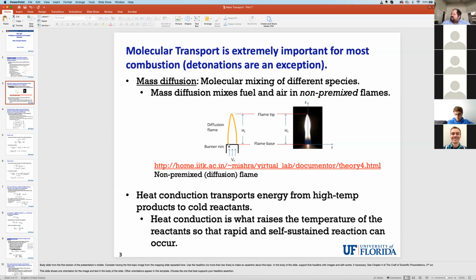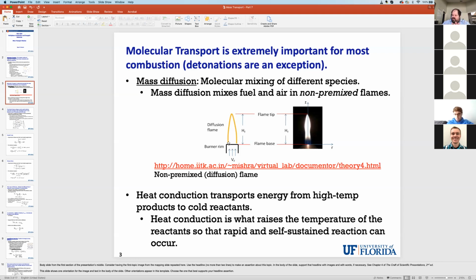But now there's a question: at the fuel inlet, you have all the fuel over here, and all the air over here. So the air and the fuel aren't mixed. How do you have a flame if the fuel and the air are not mixed? Well, basically, at this boundary where the fuel and air meet, all of these molecular scale transport processes are mixing the fuel in the air.